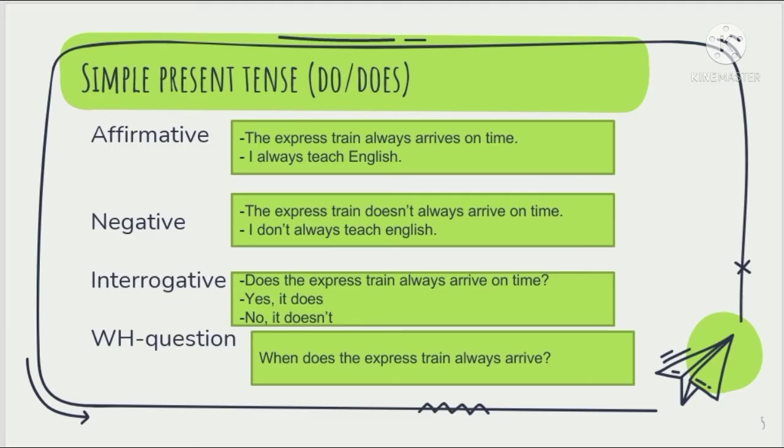So for instance, in an affirmative sentence atau kalimat positif, the express train always arrives on time. Okay, I have written the tense here, simple present.